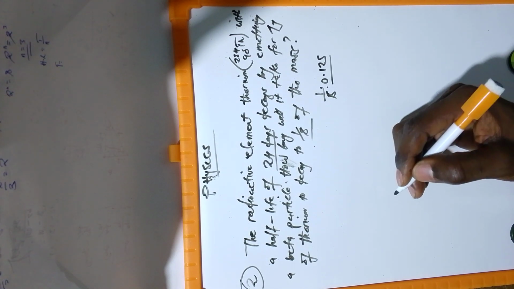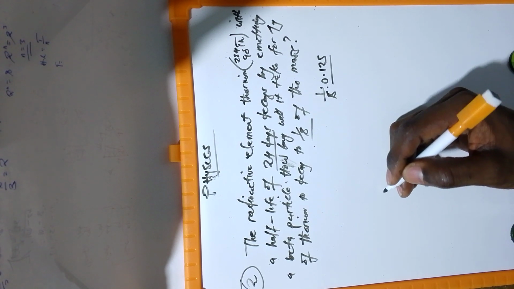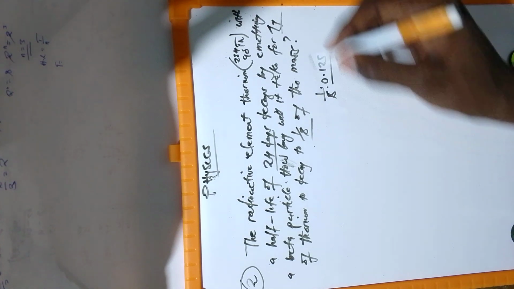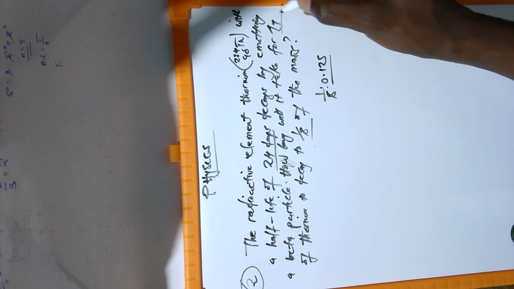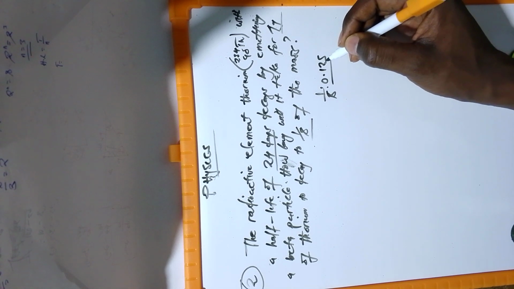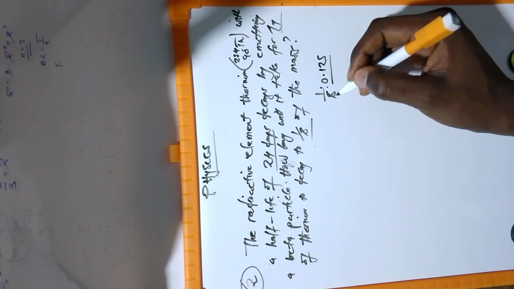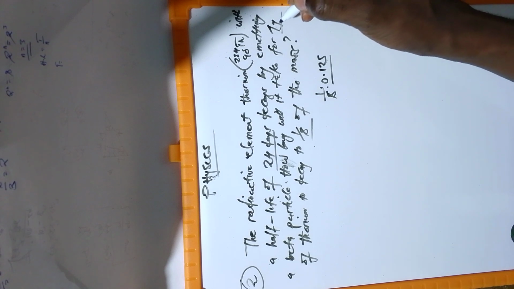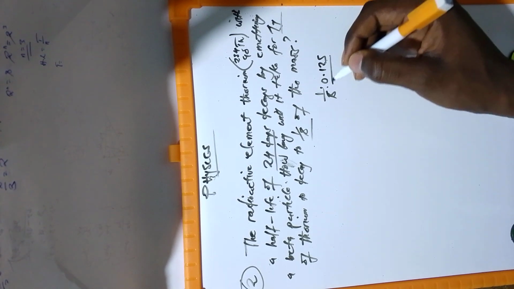So in the question, we have 1 gram. So we'll say now, how many half-lives can it take 1 gram to reach this number, 1 over 8? How many half-lives can we use to reach this number?